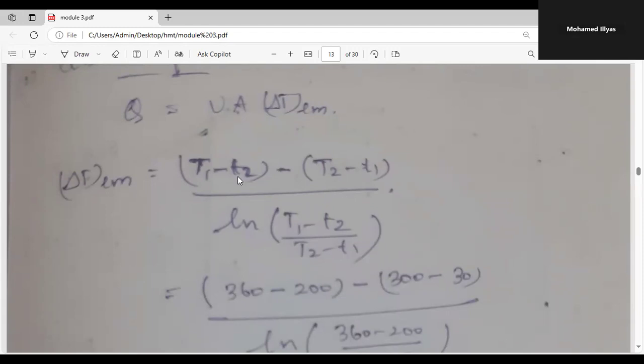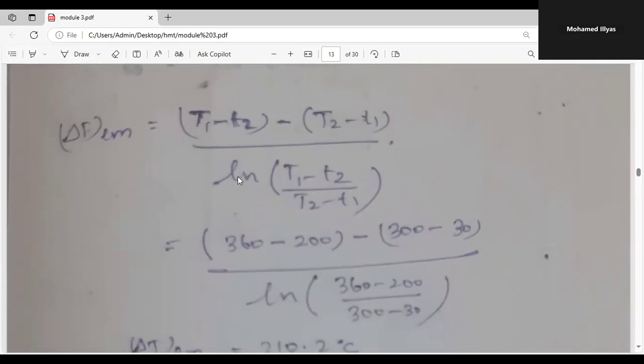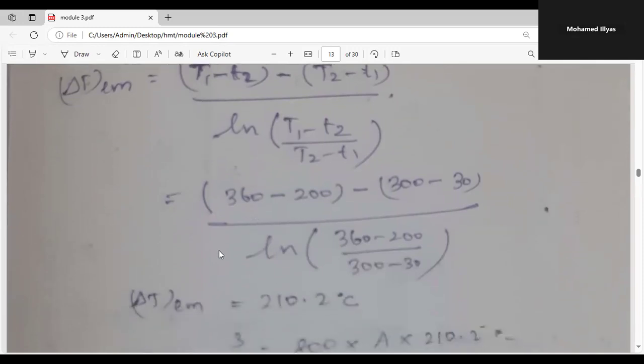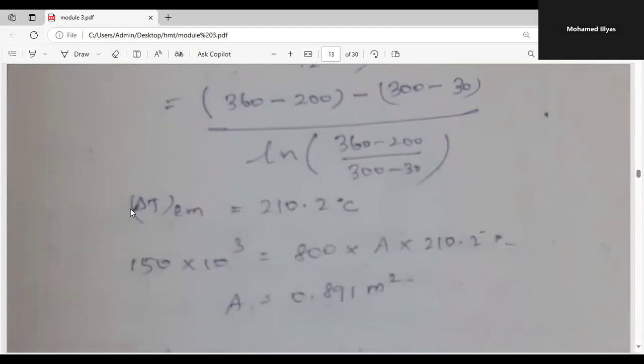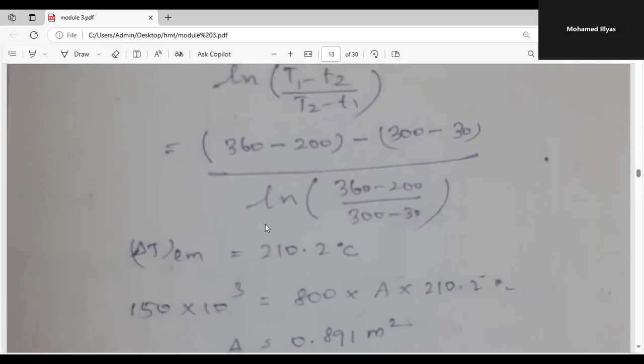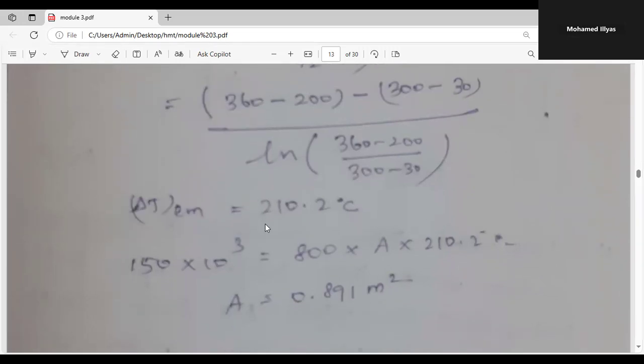So substituting the values of these temperature differences here, we get our LMTD value for counter flow type as 210.2 degrees Celsius.